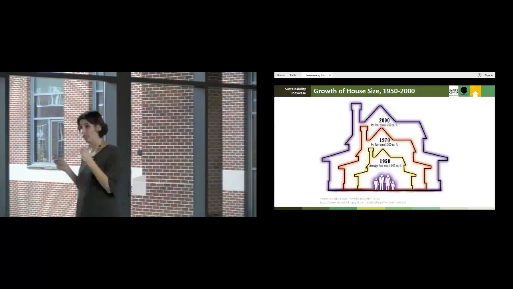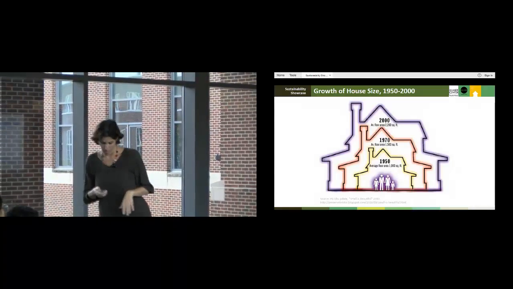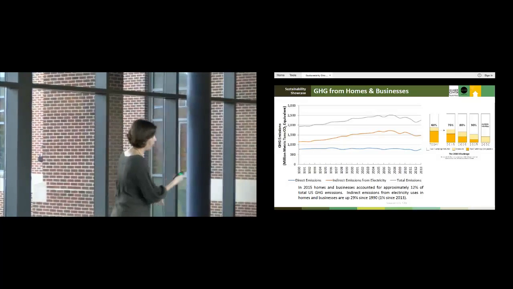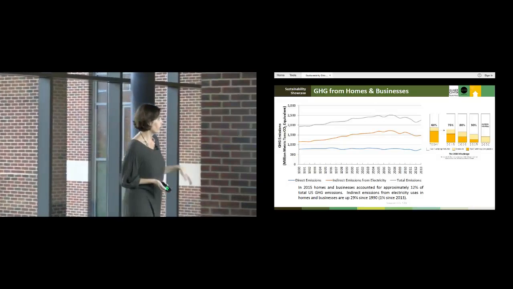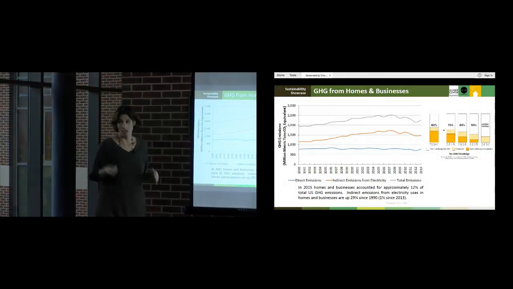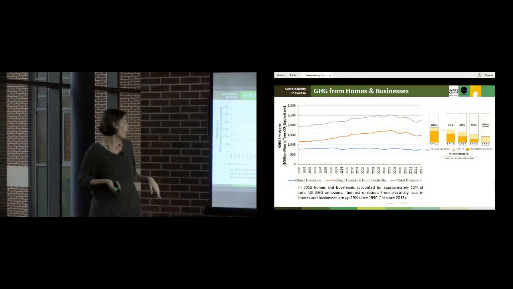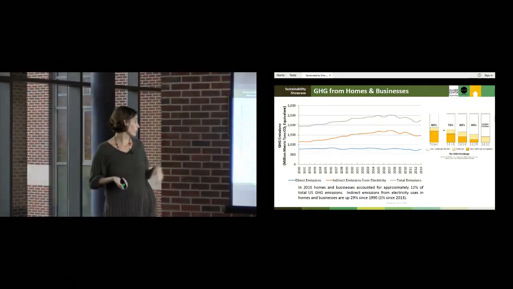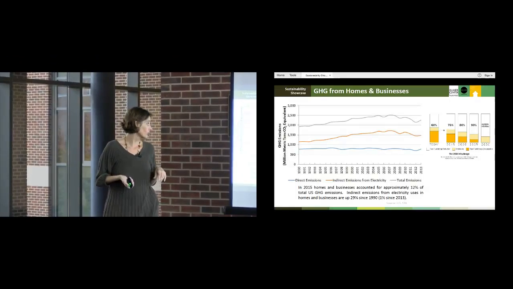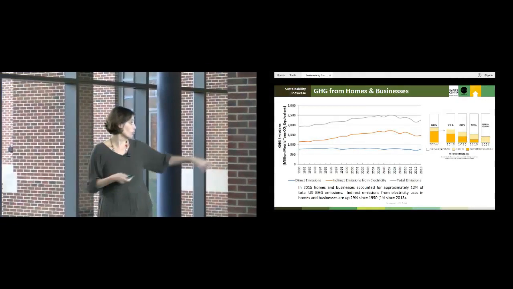And so obviously everything that you put in those larger houses uses energy, as does the space within the houses themselves. And so this does have a result. Actually, the greenhouse gas tables don't look too bad, but in fact, it's hard to see what the impact is, and it's fairly significant. So homes and businesses account for approximately 12% of the US greenhouse gas emissions. And when we look holistically at the electricity use in housing, that's more like 29%.